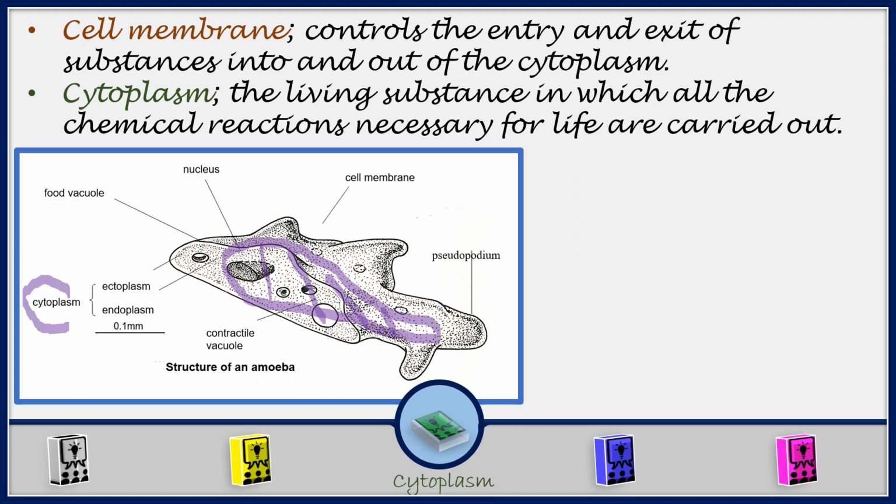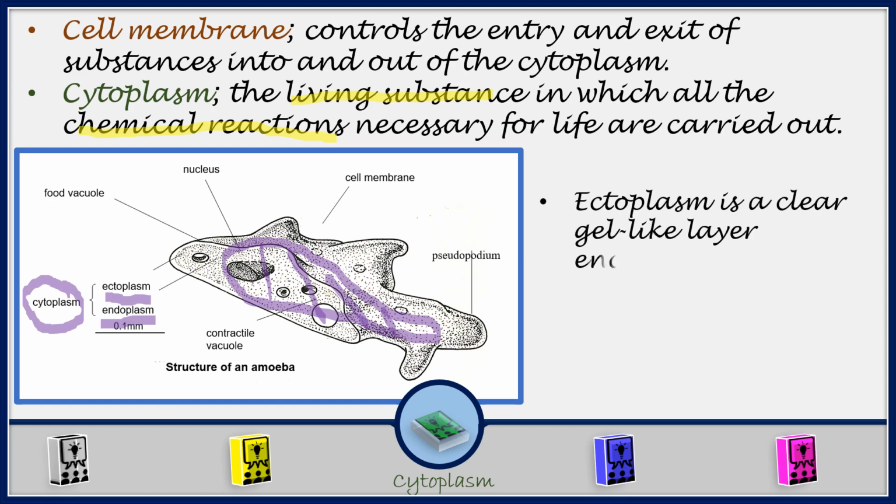Now the cytoplasm has two parts: the ectoplasm and the endoplasm. The cytoplasm is a living substance, and it is in this substance where all the chemical reactions necessary for the life processes take place.